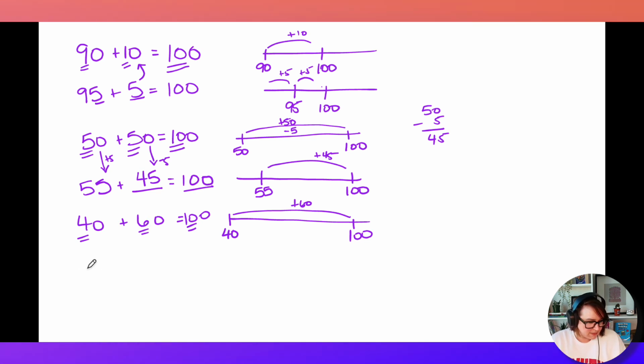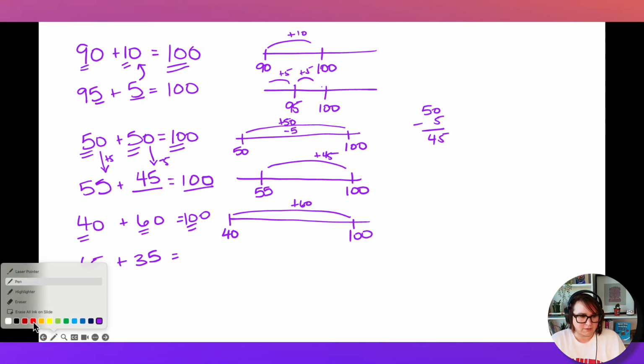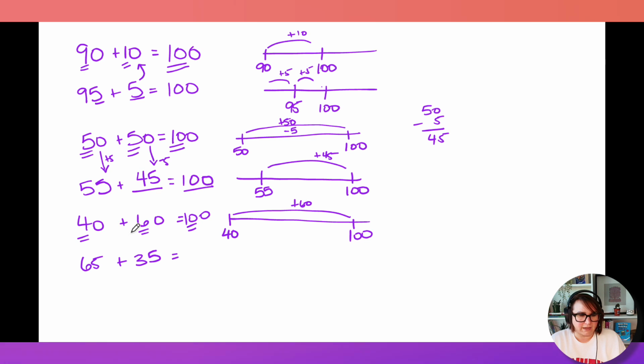So what about something like 65 plus 35? Could we use this relationship that we know? This one's a little different because we've kind of crossed over here, but it's kind of like we go from 60 to 65 by adding 5 and 40 to 35 by taking away 5. Did we keep everything balanced here?